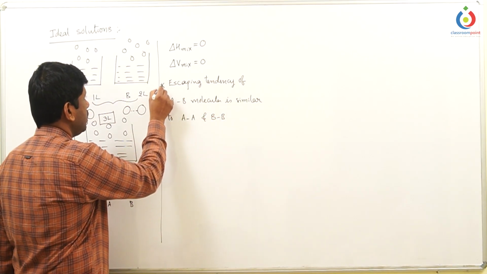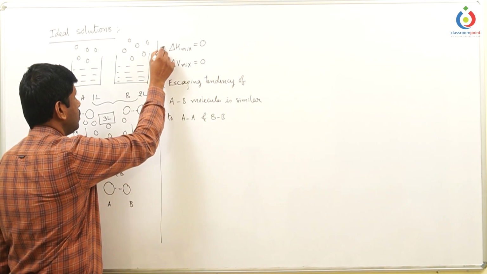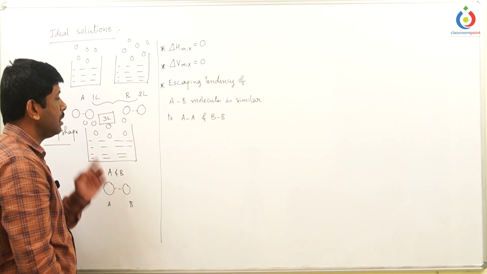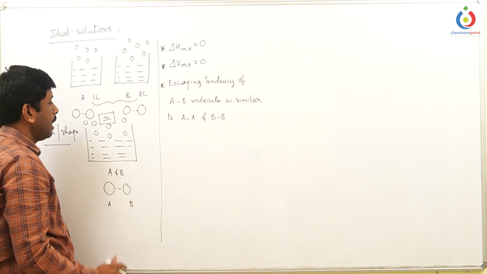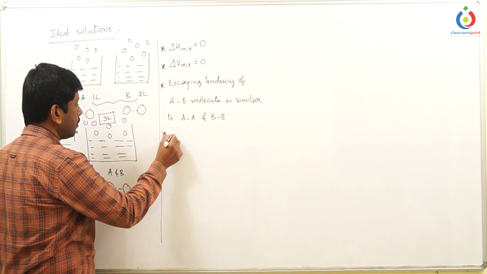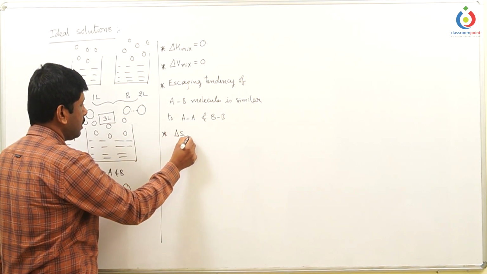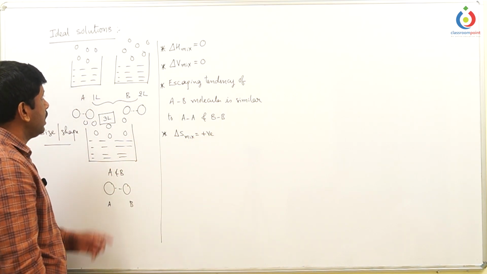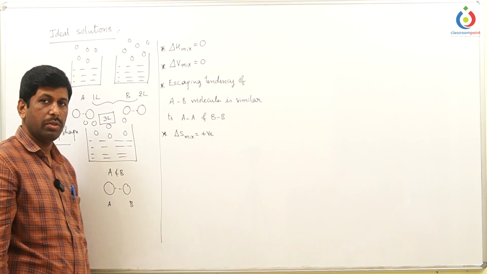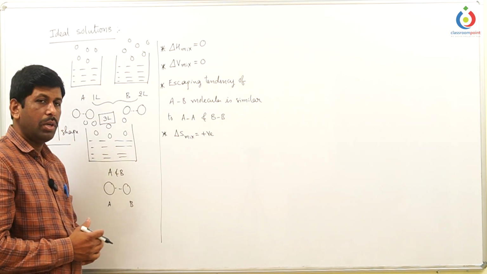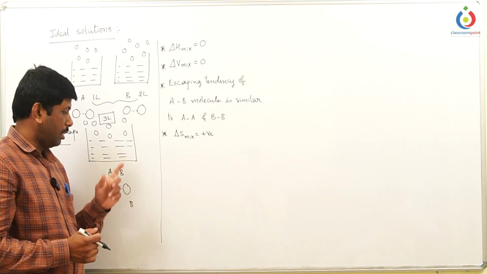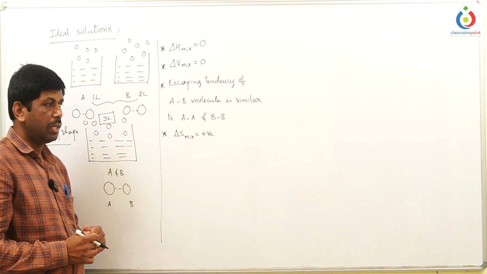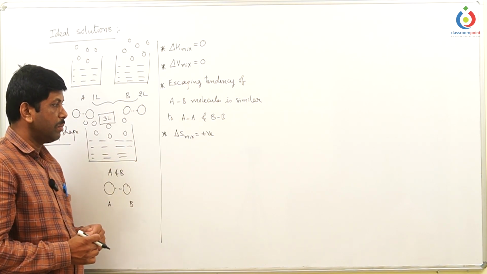This is the escaping tendency. Here delta V mixing equals 0, and delta H mixing is also equal to 0. And what about the delta S value? Delta S mixing is always positive. Remember that whenever two liquids form a homogeneous solution, in this case of an ideal solution, the intermolecular attractions are similar and the size is also similar.